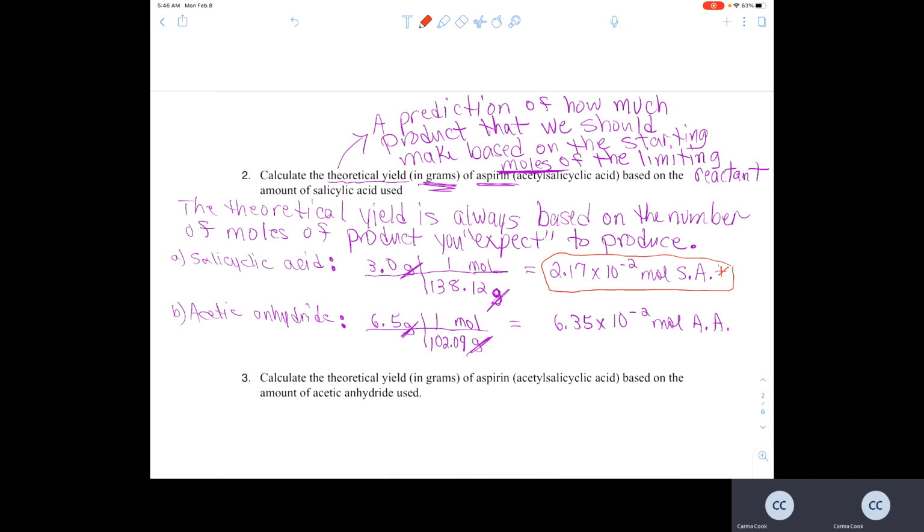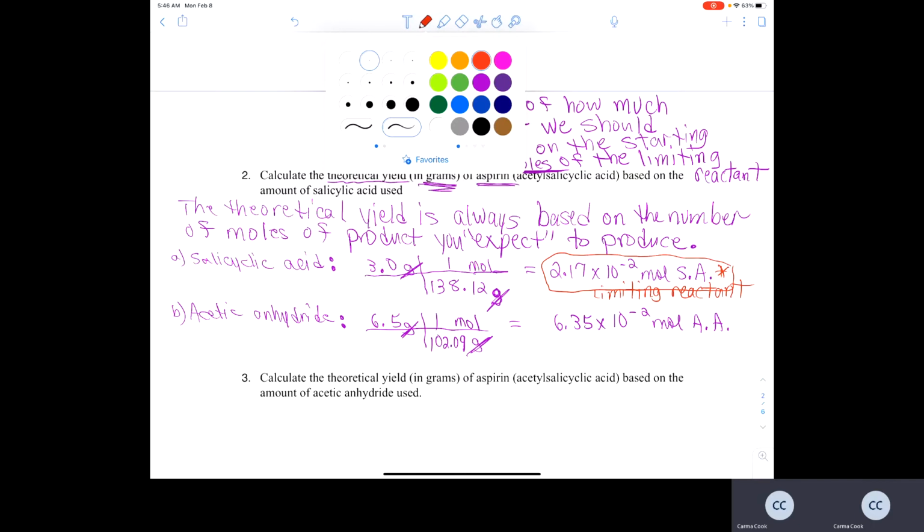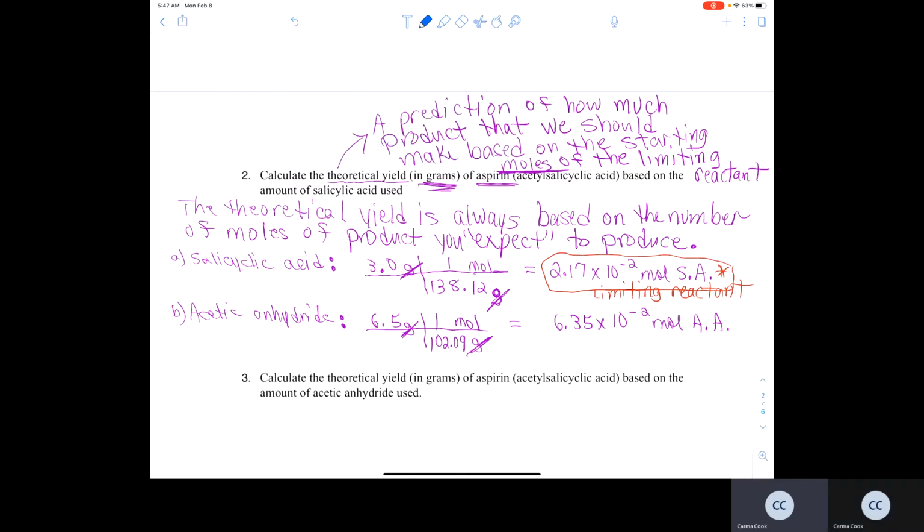So it is your limiting reactant. And therefore, the acetic anhydride is your excess reactant.